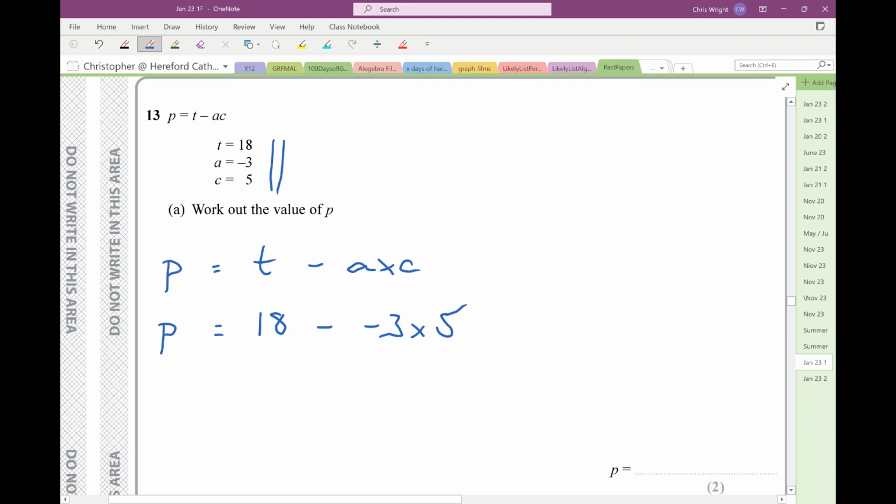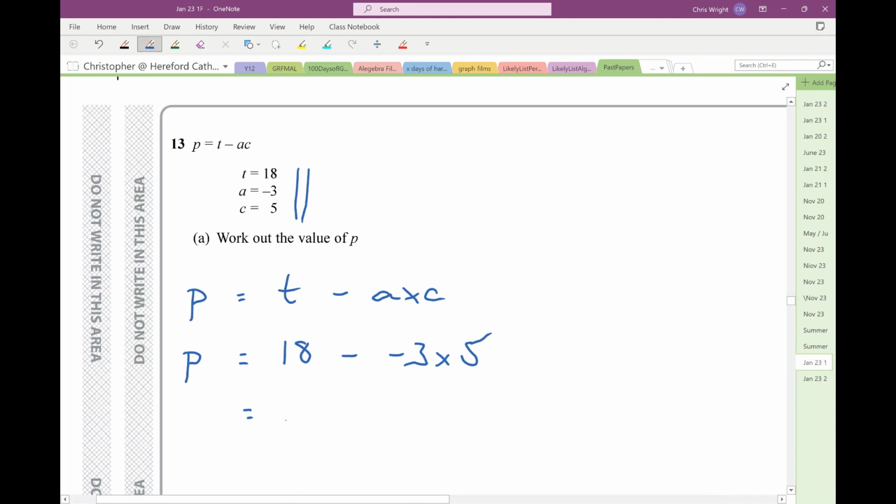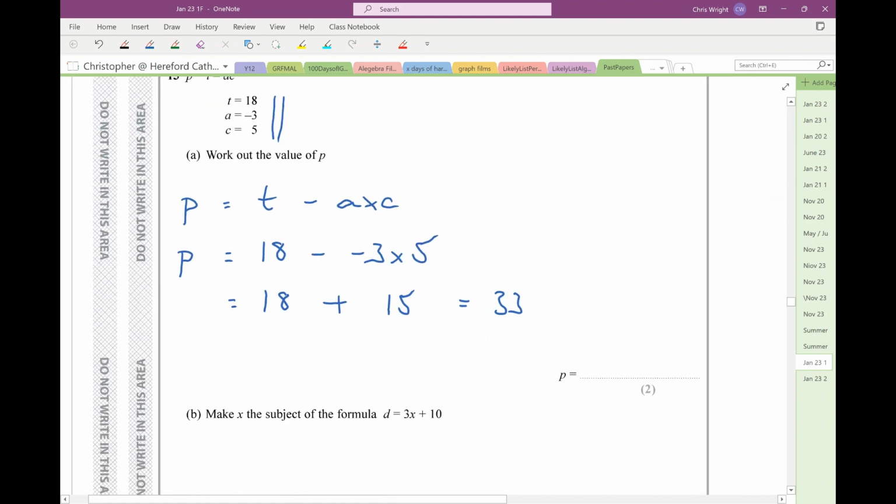Now, if you want to, you can put that straight into your calculator. Or you can write that as 18 minus a minus is a plus 15. So I'm going to get the answer 33. But you would get that answer if you typed this straight into your calculator.